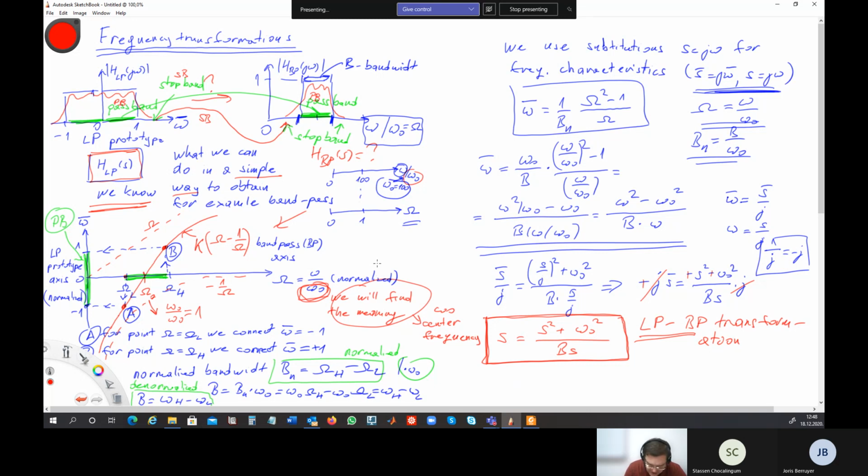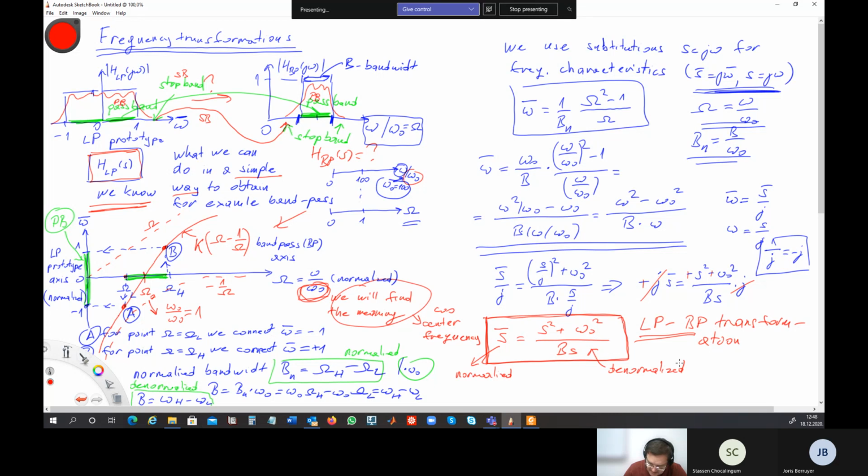Okay, what this transformation gives, of course, here is bar, because this is low pass prototype. This here is normalized still. This here is not normalized, it's denormalized. So we say by transformation, we besides immediately do the denormalization.